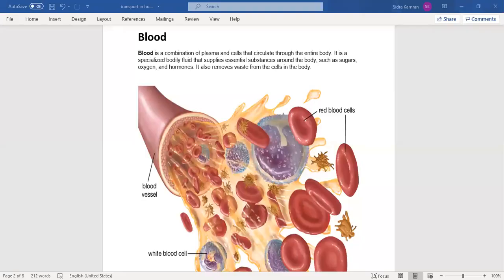Good morning, students. Today we are going to start a new topic, that is blood. Blood contains many components like red blood cells, white blood cells, plasma, platelets. These all combine together and make blood.